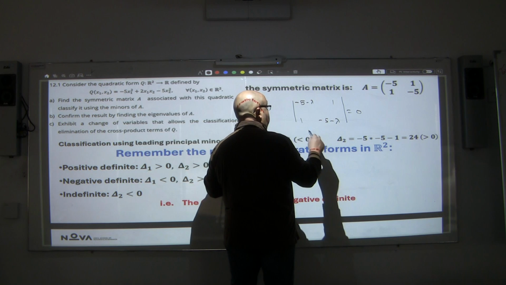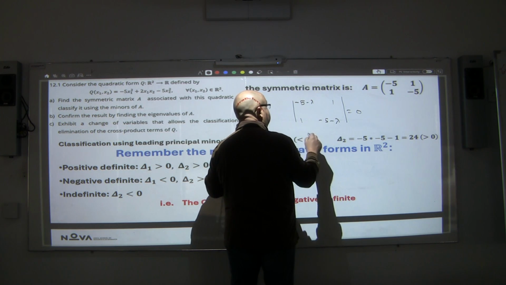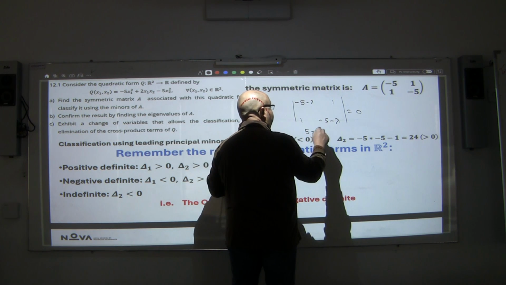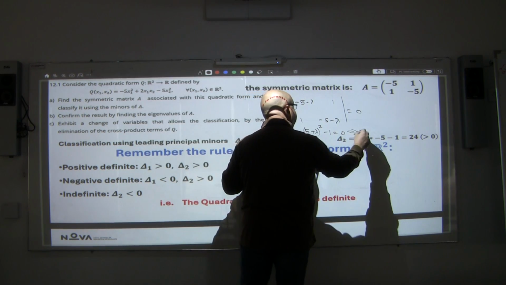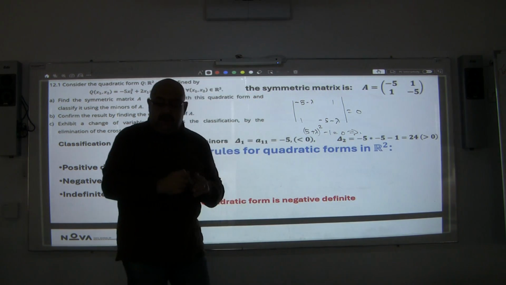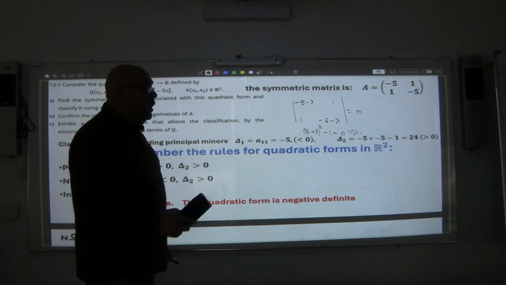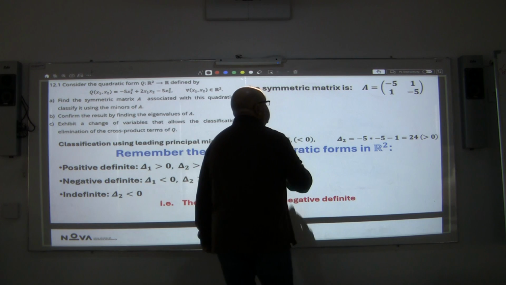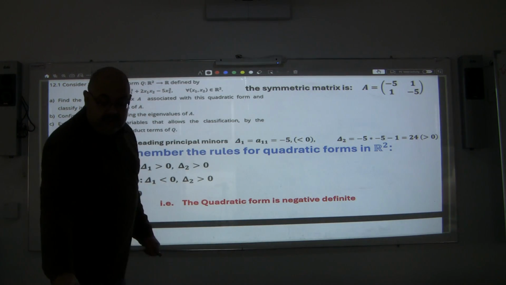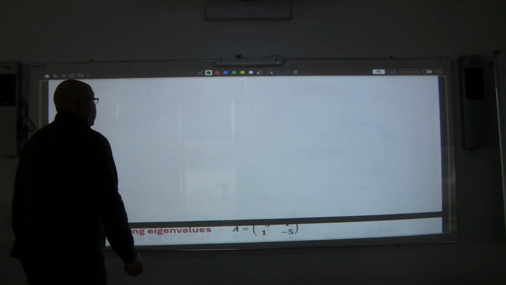Taking the negative as common, you will have 5 plus lambda to the power of 2 minus 1 equal to 0. Then start solving this equation as you will see in the coming slide. It's very simple, but lengthy steps, since this is an exercise, so it's not going to be a big deal.